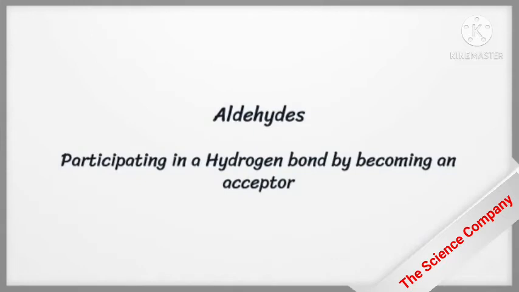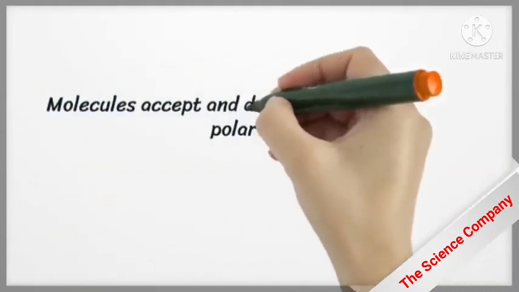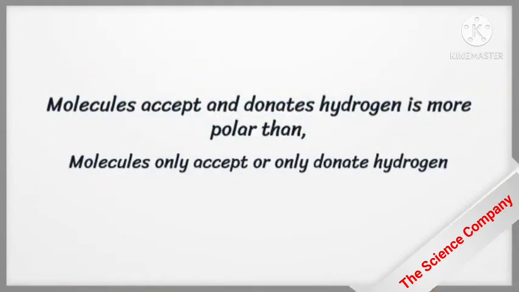For example, aldehydes can act as a hydrogen bond acceptor, not the donor, because aldehydes don't have hydrogen in their functional group. So in this case, an organic molecule which can act as both a hydrogen bond acceptor and donor is more polar compared to an organic molecule which only acts as an acceptor or the donor.